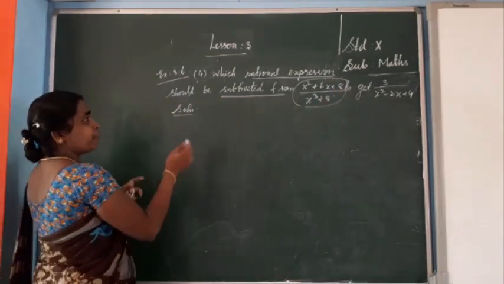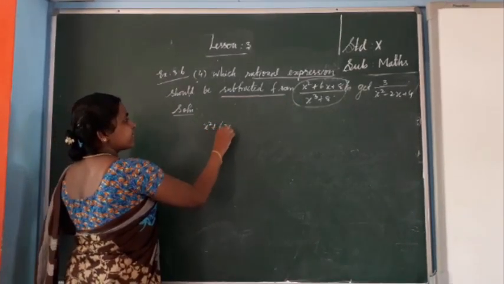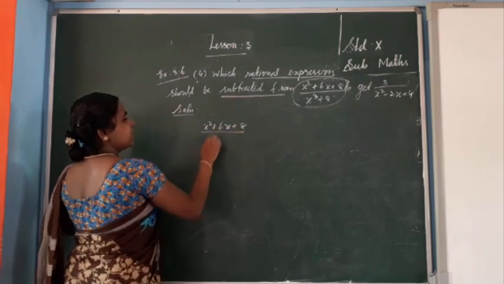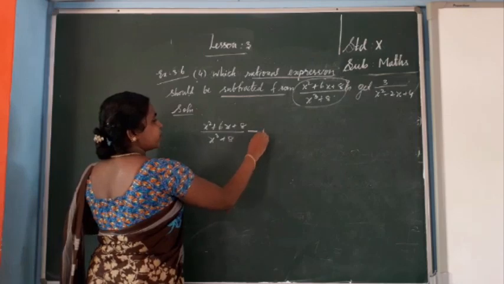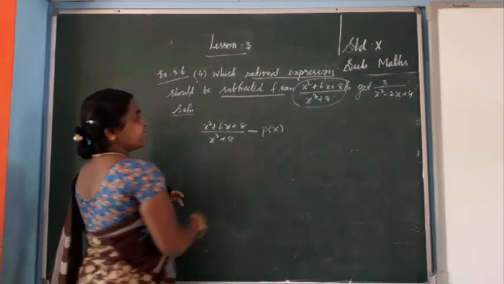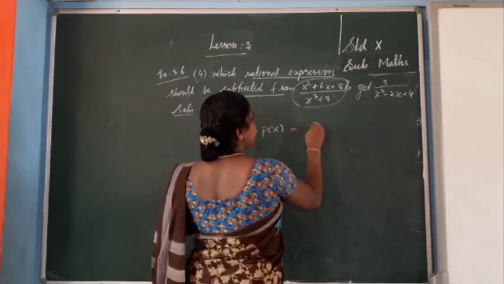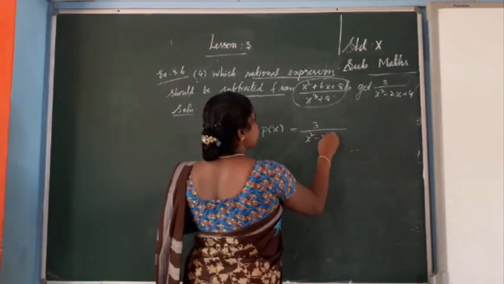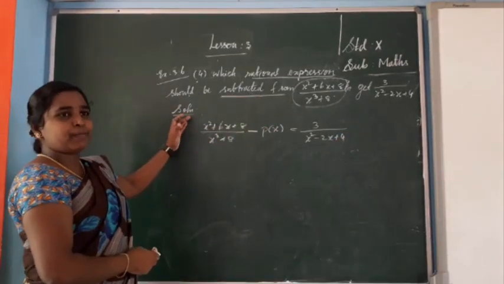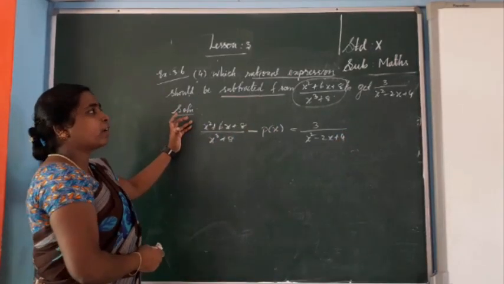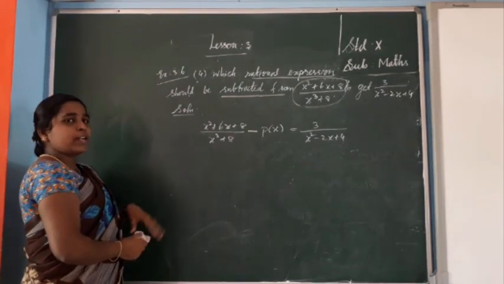So you have to write this value first: x square plus 6x plus 8 by x cube plus 8 minus that unknown rational expression, p of x, equal to 3 by x square minus 2x plus 4. You can write here, let p of x be the required rational expression. If you are not writing it also, no problem; p of x is denoting the rational expression only.